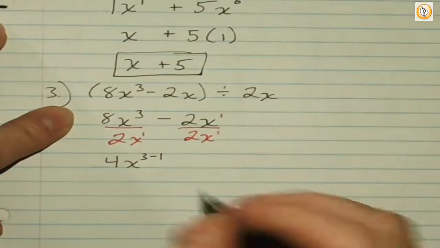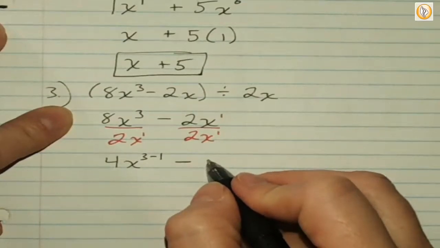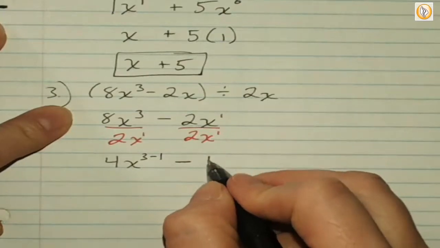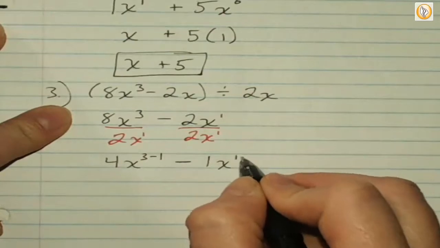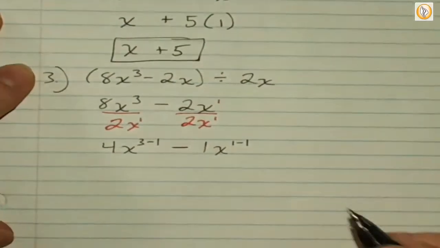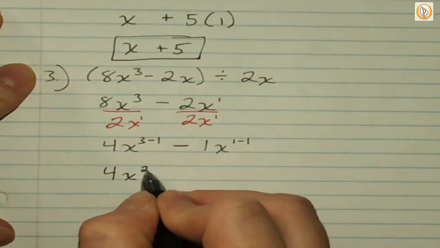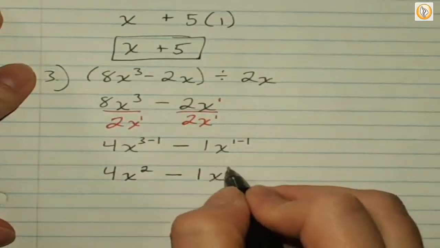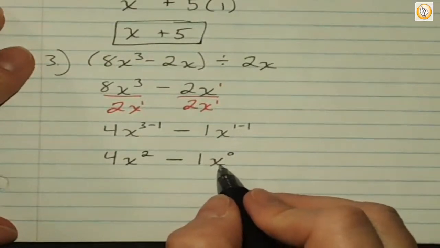So it's 3 minus 1 minus 1, or x and 1 minus 1, so it should be x to the power of 1. So it's 1 minus 1, correct? Okay. So over here, we have 4x squared minus 1x to the power of 0. X to the power of 0 is?